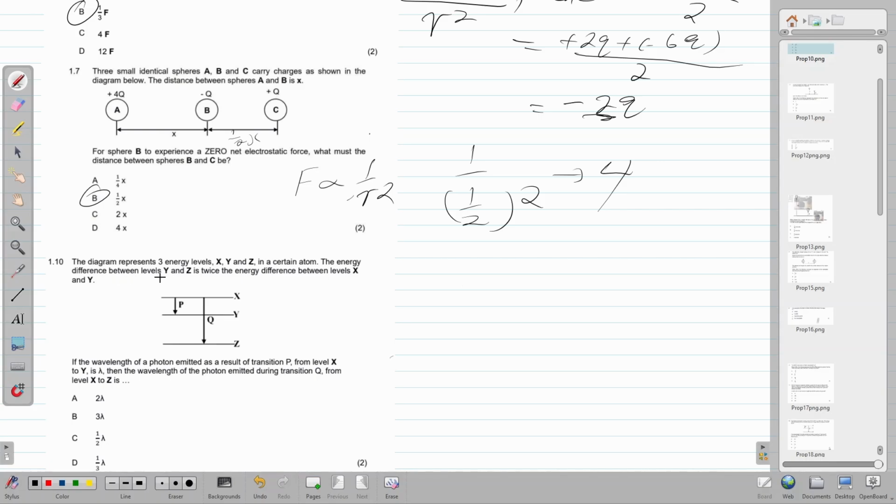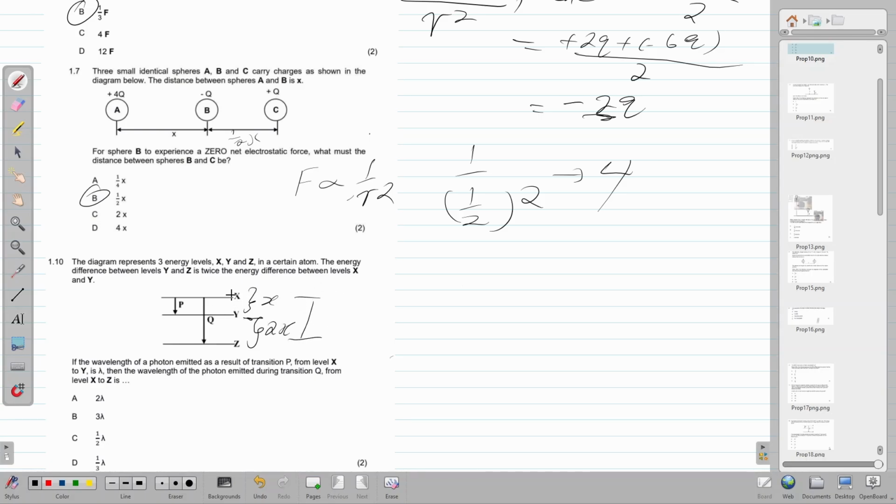The energy difference between levels Y and Z is twice the energy difference between levels X and Y. It's wise to indicate this information on the diagram. So let the difference between X and Y be x, then Y to Z is 2x.